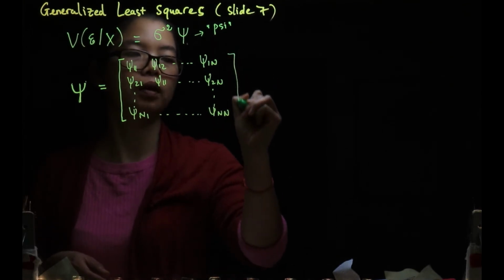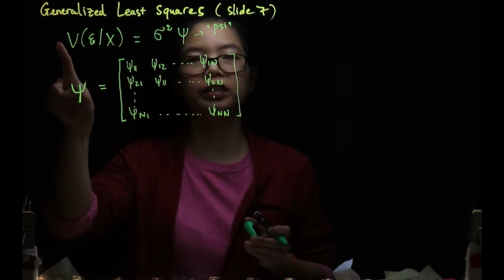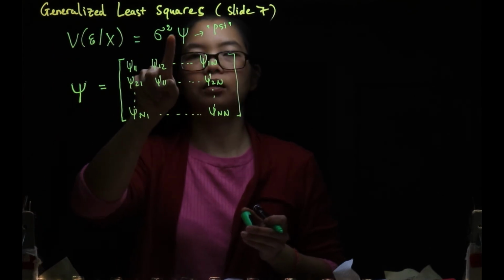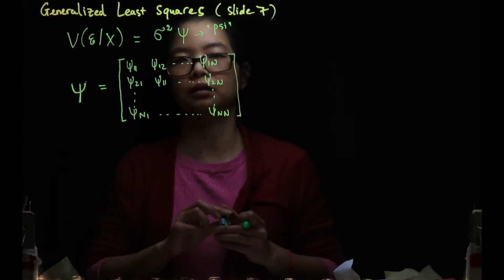First of all, it's a square matrix. Why? Because the variance covariance matrix is a square matrix. So if you factor out a scalar, a value, the matrix remains square.